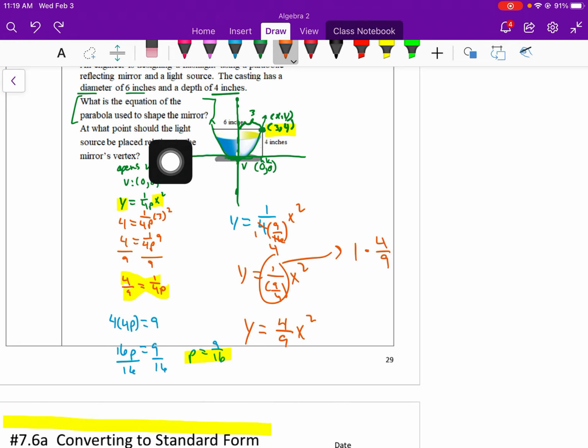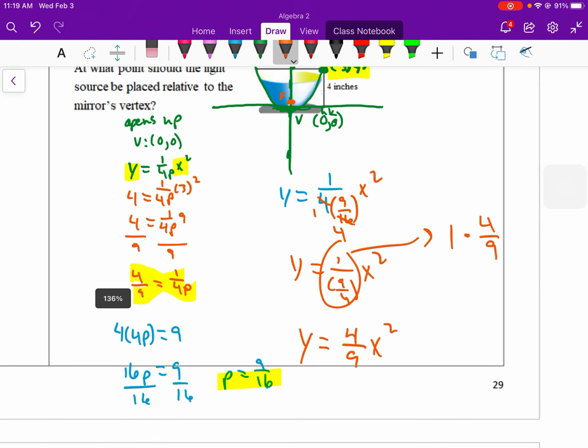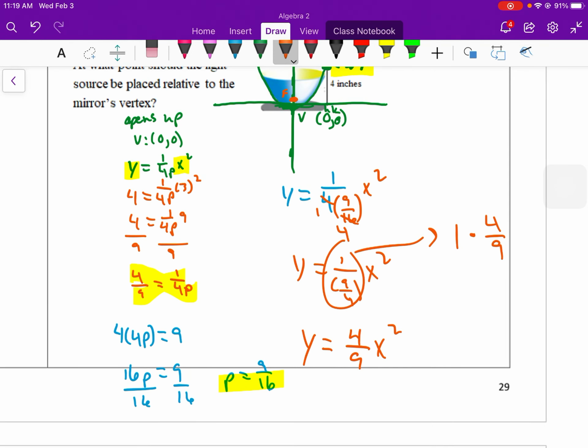Now it says, at what point should the light source be placed relative to the mirror's vertex? And the light source is going to be the focus point, because that way it's equidistant. So this light source is the focus point. And the focus point, we've already solved for p to be 9/16. So that point is 9/16 units up from the vertex. And the vertex was 0, 0.